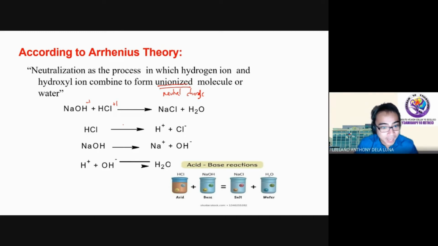Now, pag nilagay ko ang sodium chloride sa tubig, pwede siyang maghiwalay into its sodium and chlorine components, which makes them ionized, which converts them into ions. Pero ngayon, ang sinasabi lang dito is to form a neutral or an unionized molecule, which is, of course, sodium chloride.